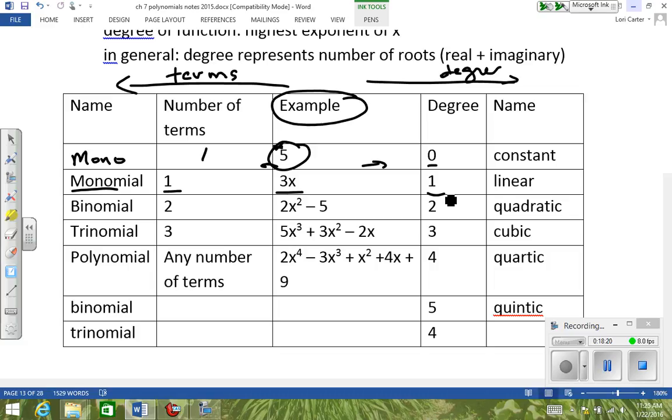You go up 3 over 1, right? What's the shape? It's a line. This is linear. Anything that has a degree of 1 is linear. It's the lines you've been graphing for the last 3 months. With me so far?